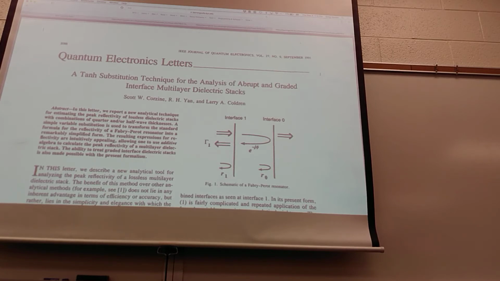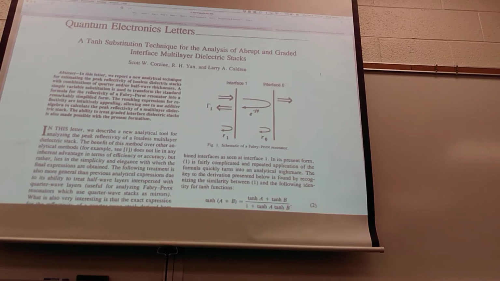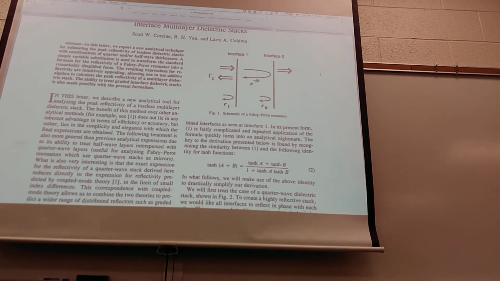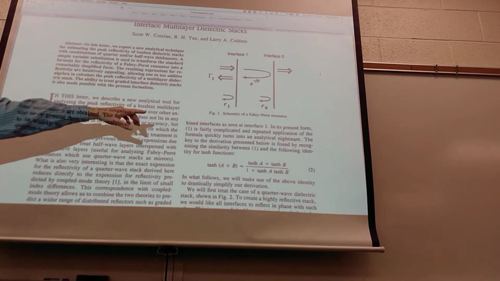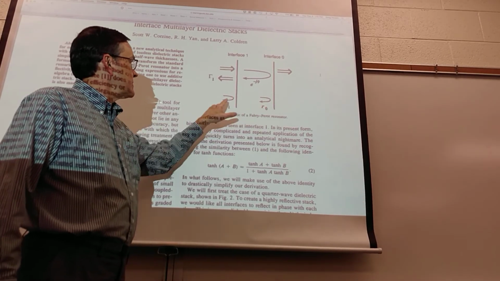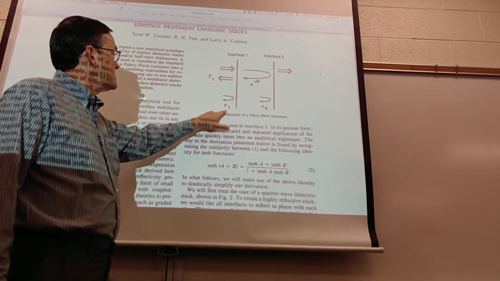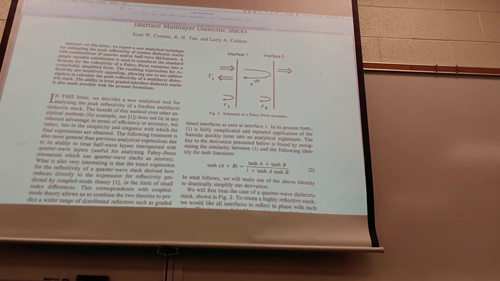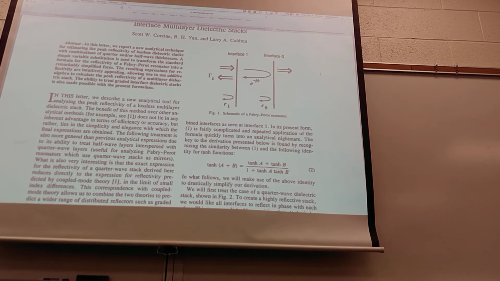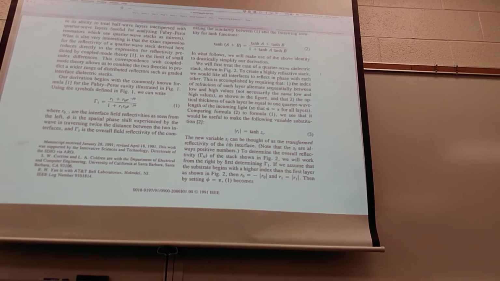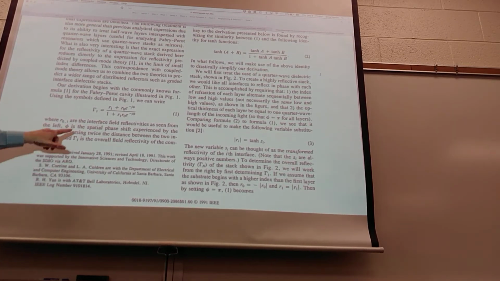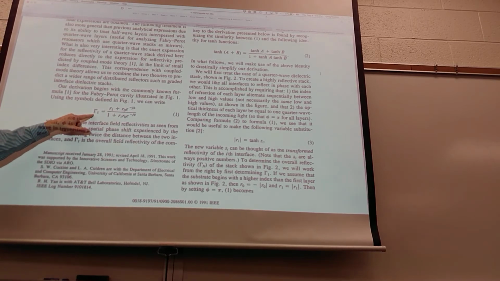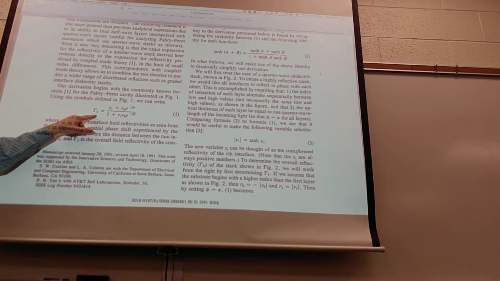And the trick goes back to a hyperbolic tangent identity. So if you take a look at this diagram here, there's basically a Fabry-Perot with reflectance at each surface, which in general can be different, and the phase difference between the front and back surface reflection. And so, here's the reflection coefficient for the system, which looks very familiar.